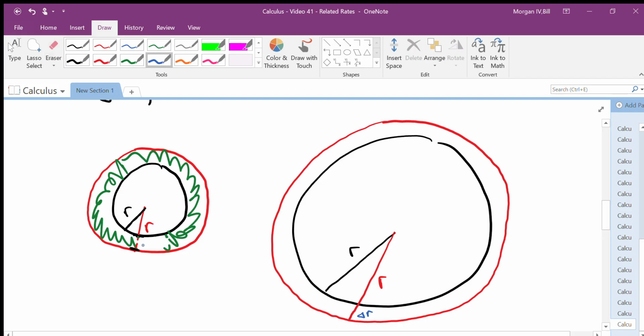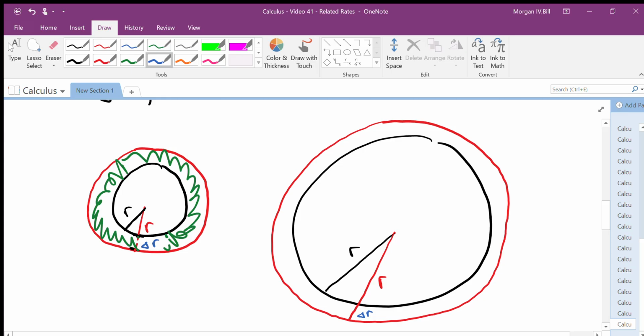So the delta r on the left that I just drew, and the delta r on the right, going from black to red, is the same change in the radius. So you've got some change in the radius over time, some rate of change in the radius, some dr dt. That is the same in both cases, right? That delta r is the same on the left as it is on the right.